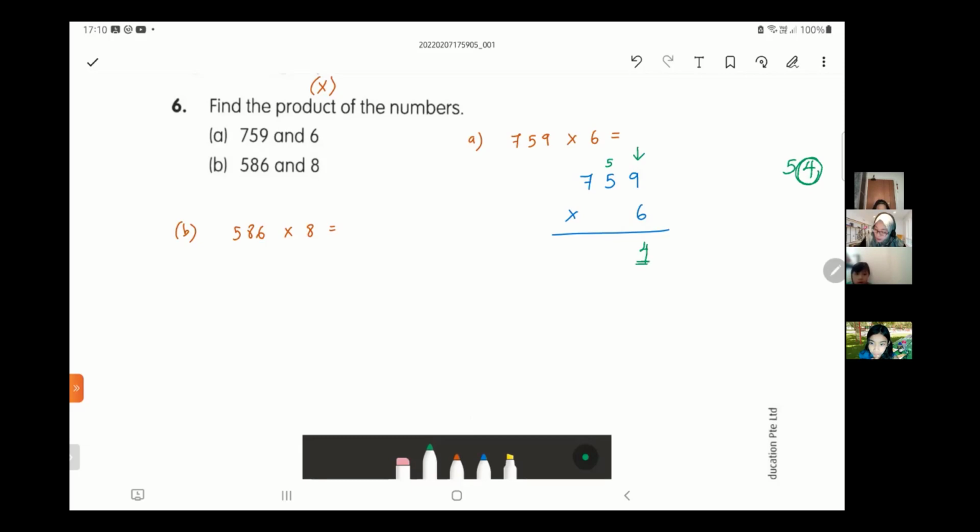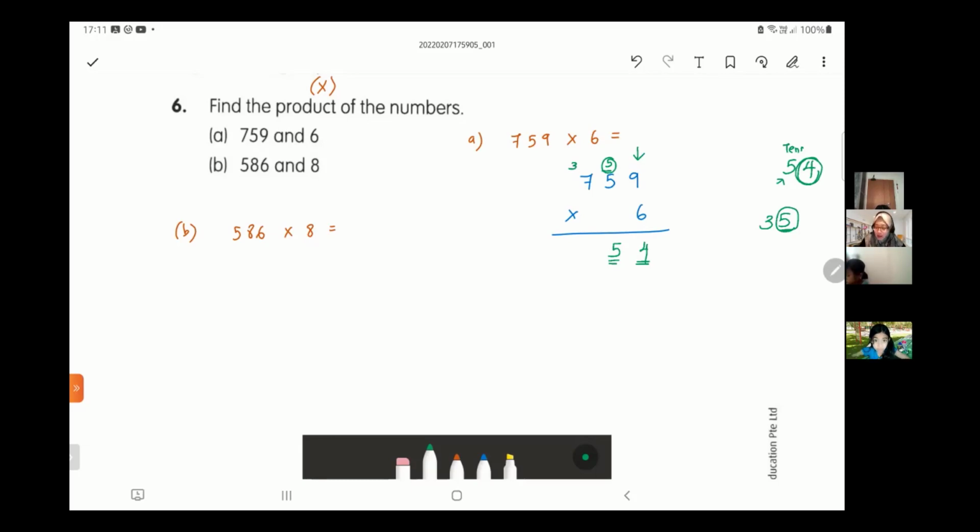Can you see the 4 go down here? Then the 5, which is the tens, go up here. The 5 is up there, right? Then 5 times 6, 30. 30 plus the 5 on top just now. So it's 35. So this one remains below. The 3 go up. Can you see?